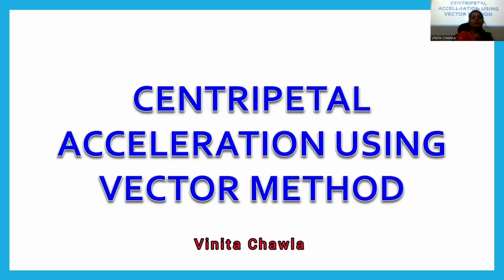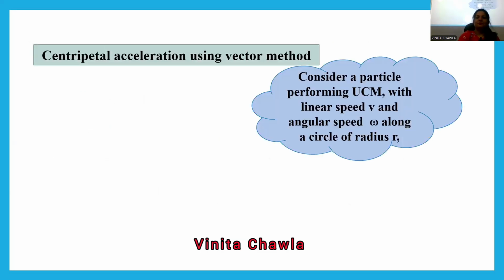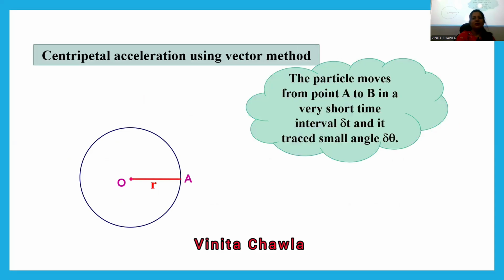Next, we have centripetal acceleration using the vector method. Again, consider a particle performing uniform circular motion with linear speed v and angular speed omega along a circle of radius r.